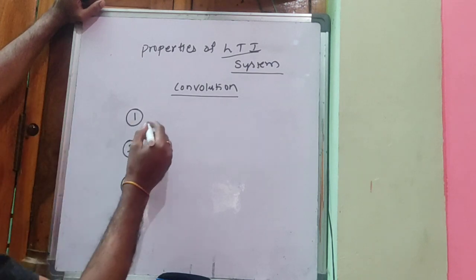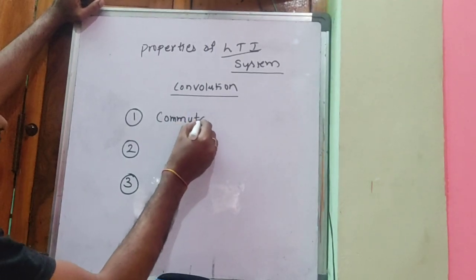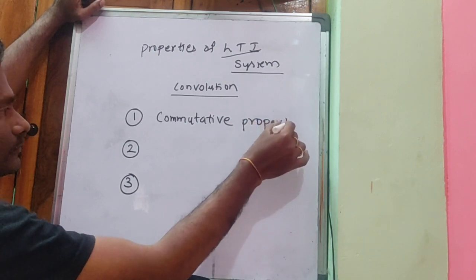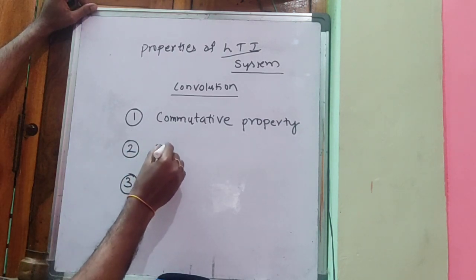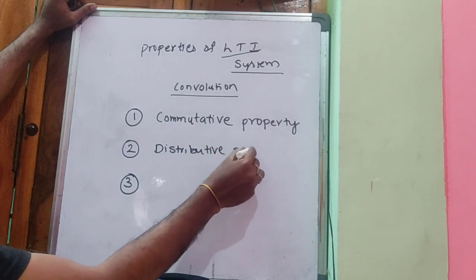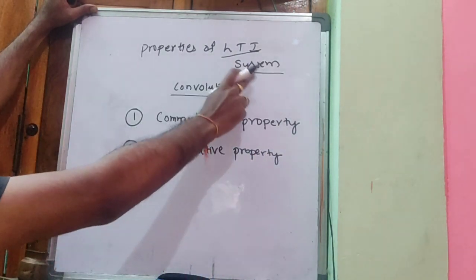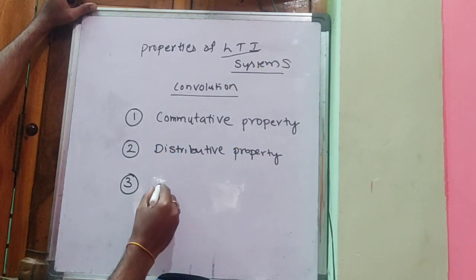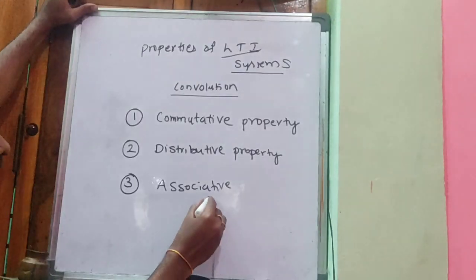The first property is the commutative property, the second property is the distributive property, and the third one is the associative property. All these are properties of LTI systems.